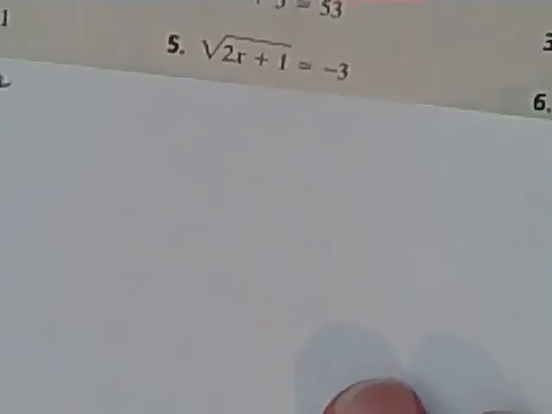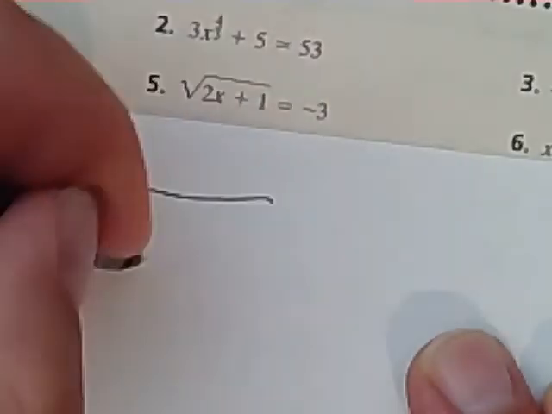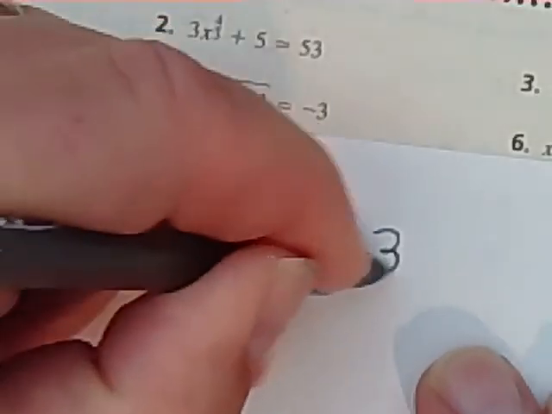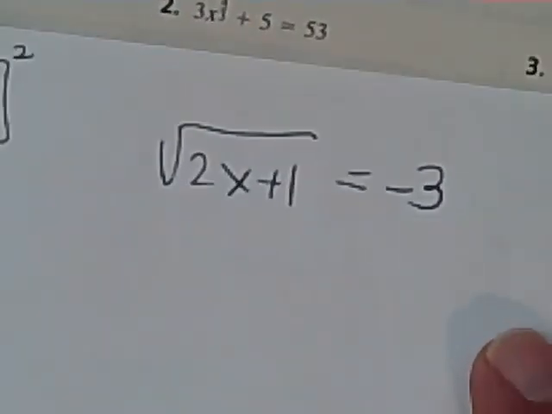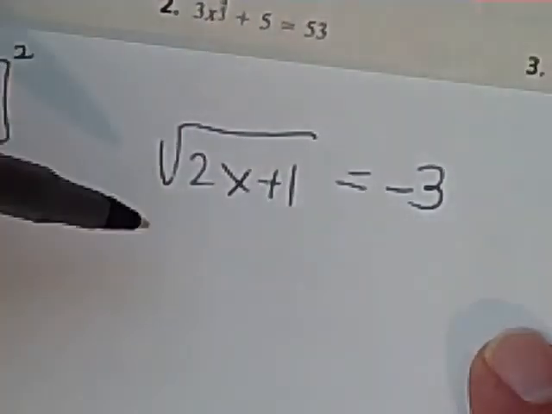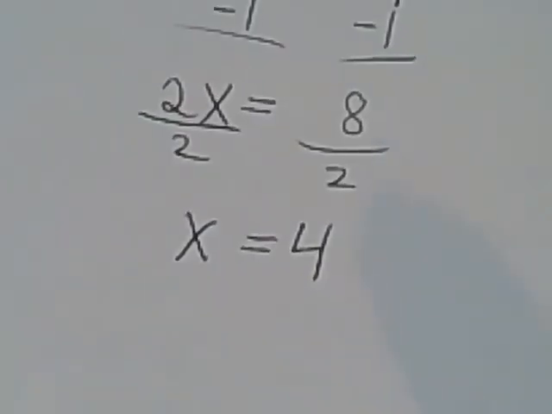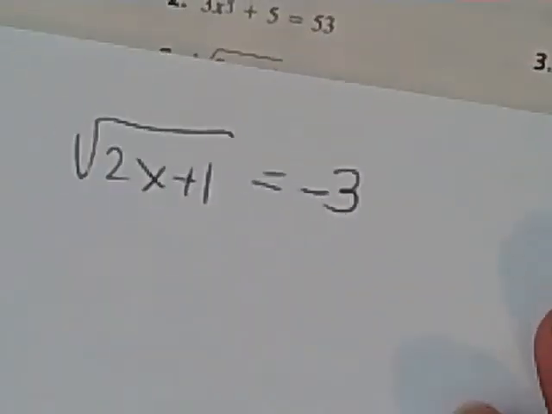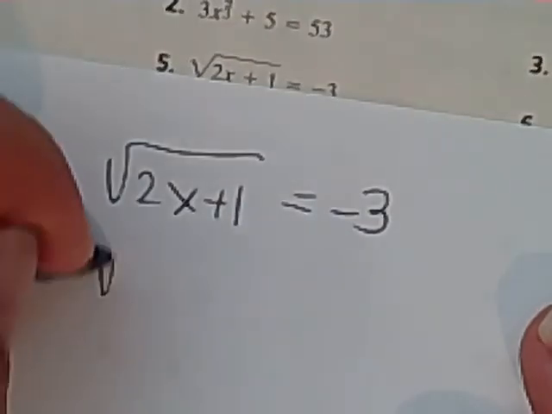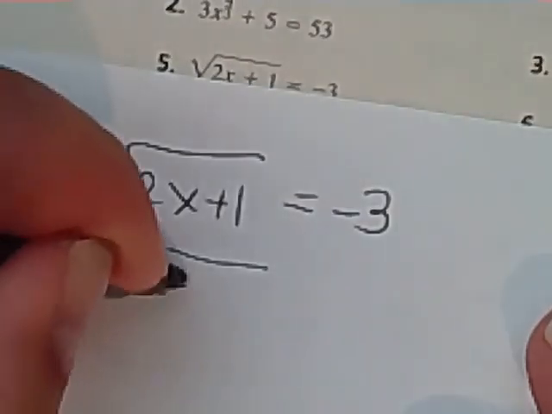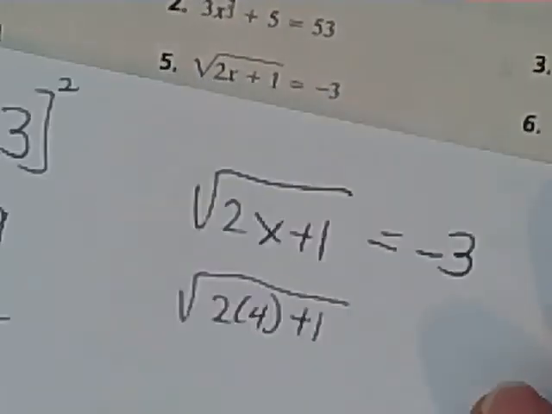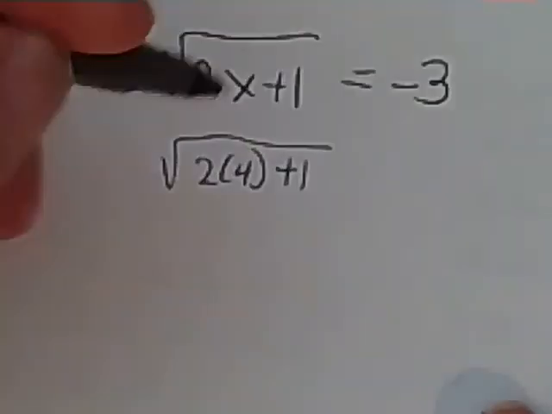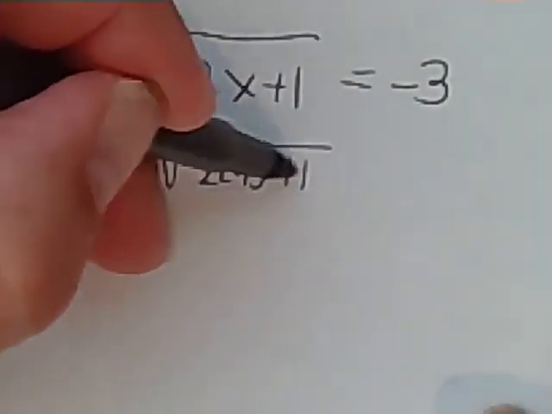Okay, the original equation said square root of 2x plus 1, is that equal to -3? I plug in x equals 4, the answer I figured out. So the square root of 2 times 4 plus 1. Well, 2 times 4 is 8. 8 plus 1 is 9.